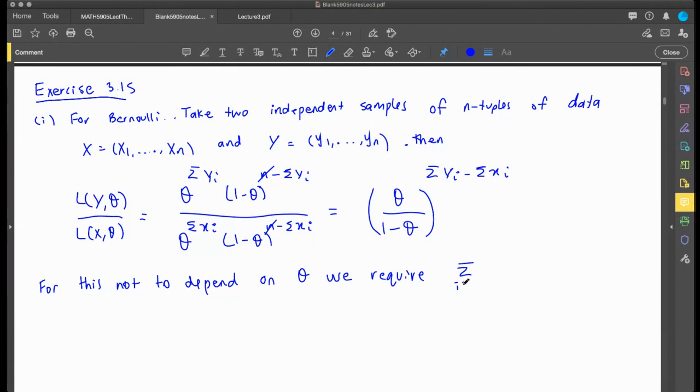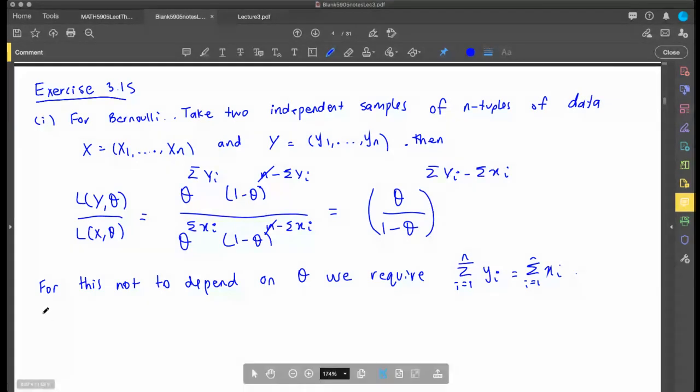Well, we need the sum from i equal 1 to n of yi equal to the sum from i equal 1 to n of xi. So when this holds, that defines my sufficient partition, or my sufficient statistic. Therefore, T, which equals the sum from i equal 1 to n of xi, is the minimal sufficient statistic.